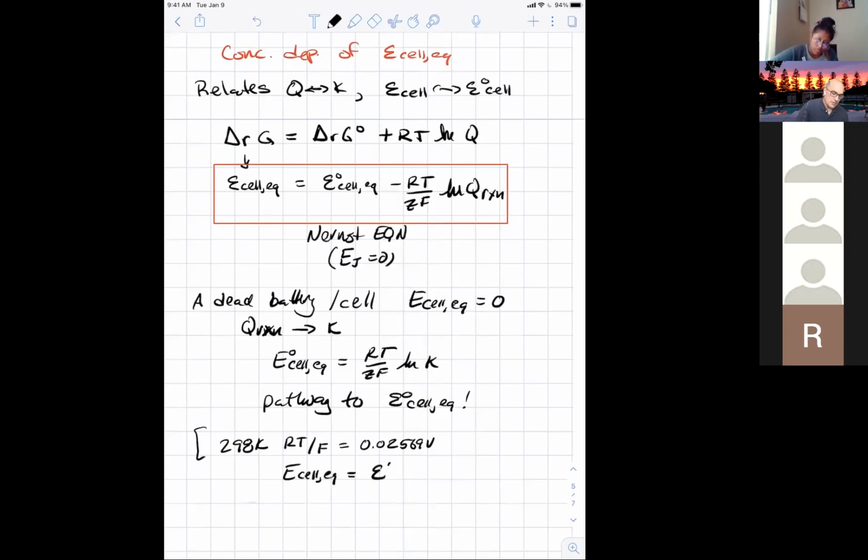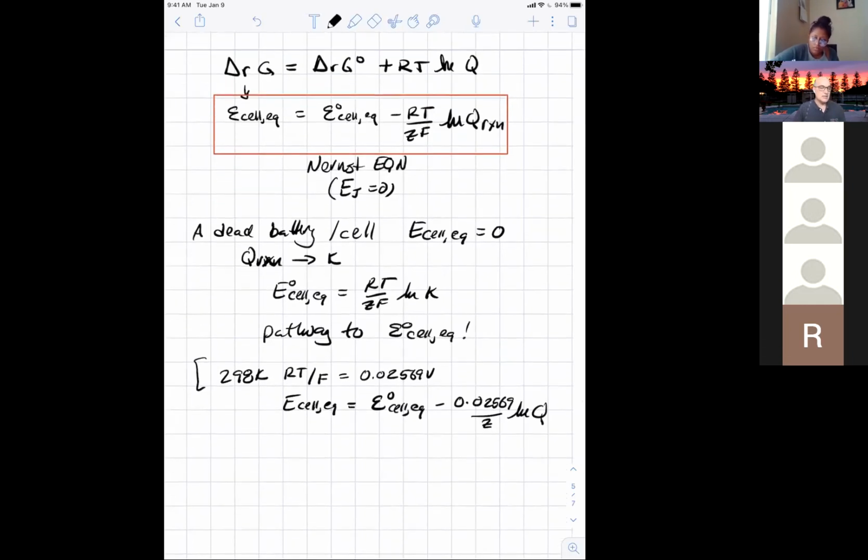You have to be careful though, of course, right? Because if you're not at 25 degrees C, it's going to change this a little bit. Right, you get that. So this is the Nernst equation at 25 degrees C.